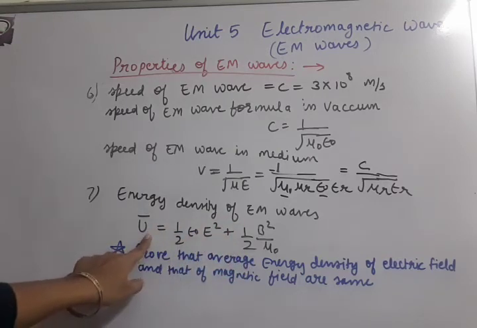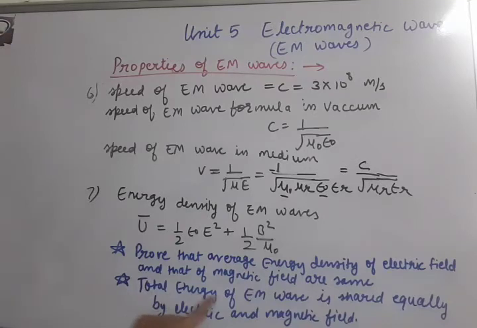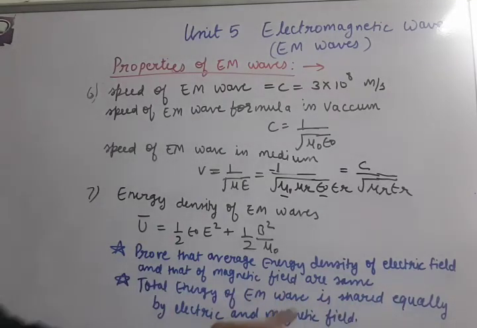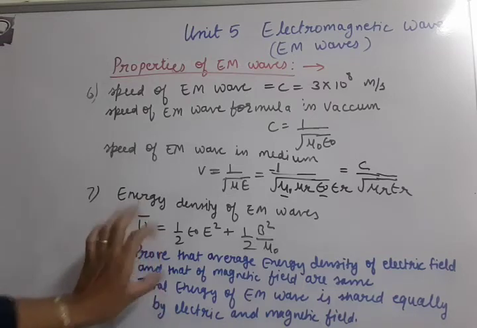This question can also be asked as: the total energy of EM wave is shared equally by electric and magnetic field. Let us write the second pattern also, which can be asked. We are going to do the proof of these two questions in the next sheet.